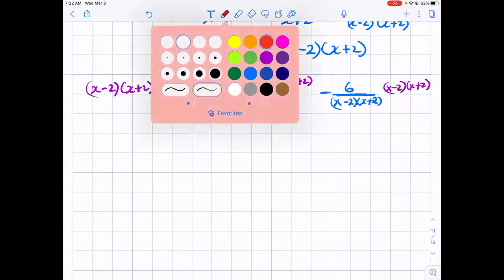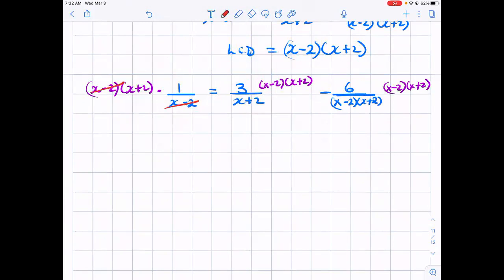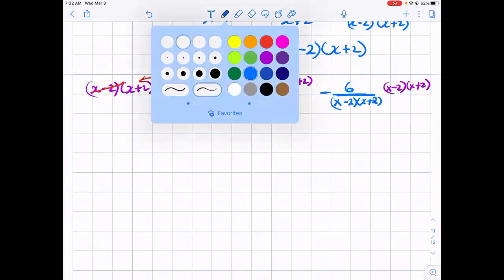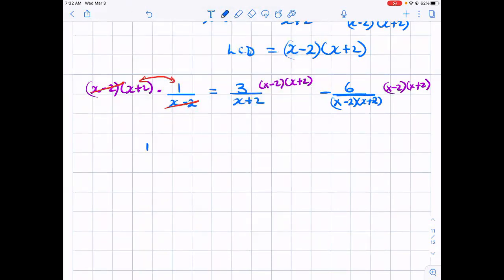So notice once again what happens. The x minus 2 cancels with the x minus 2. So I'm left with these two things. So I am left with 1 times x plus 2 equals, notice in this scenario, the x plus 2 cancels with the x plus 2. So I'm left with these two terms.